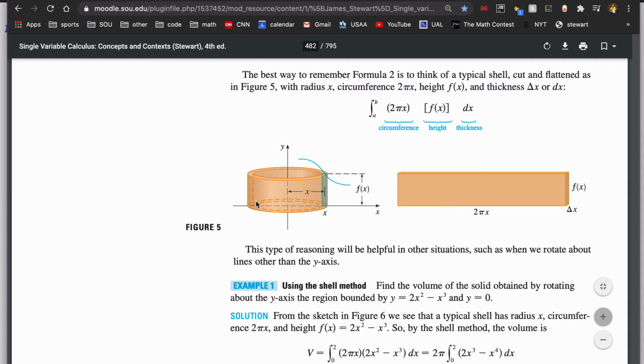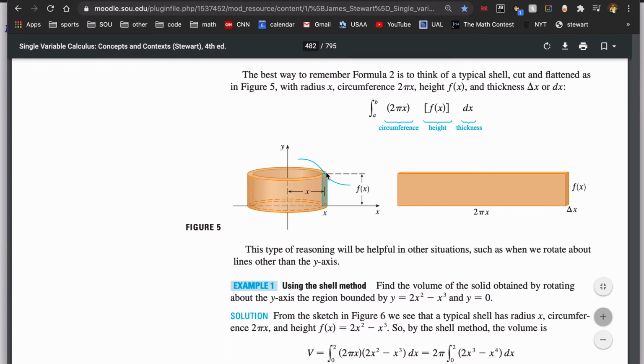The distance around the circle that makes up the base of this cylindrical shell is going to be 2 times pi times the radius. And again, when we're rotating around the y-axis, the radius is just the x value. What I'm saying is the length of the base of these rectangles is 2 times pi times whatever the x value is, because the x value is the radius when we're revolving around the y-axis.